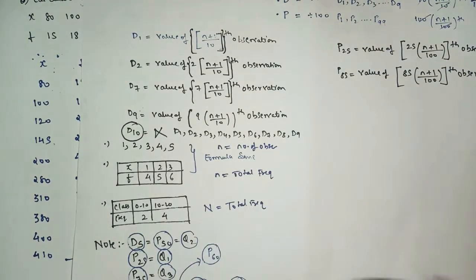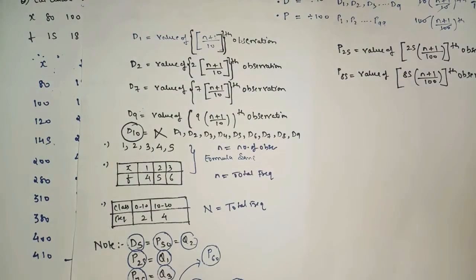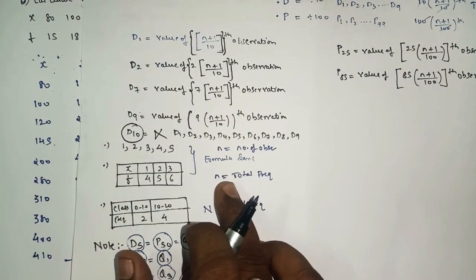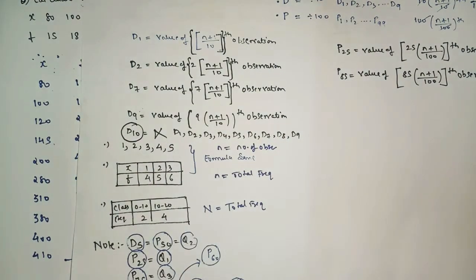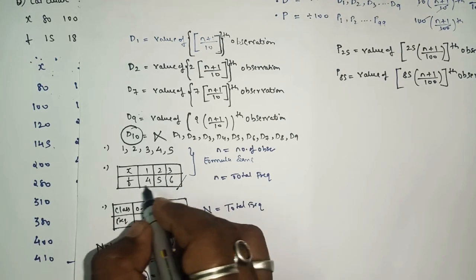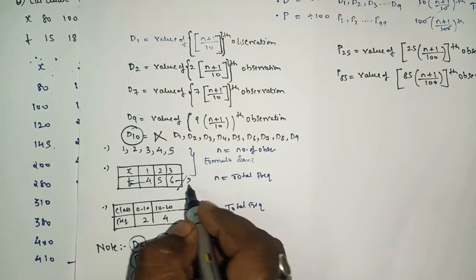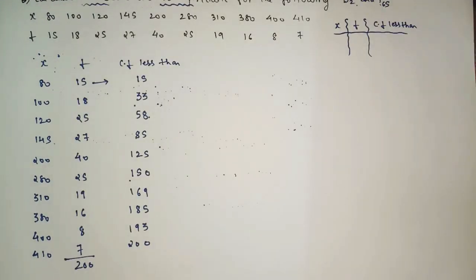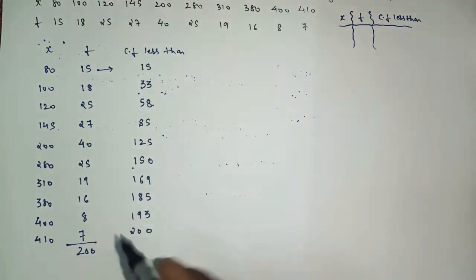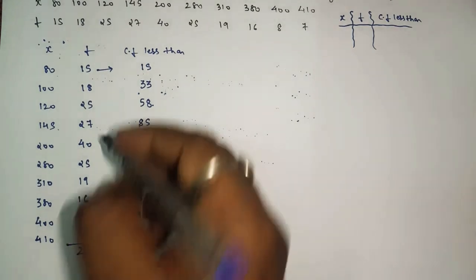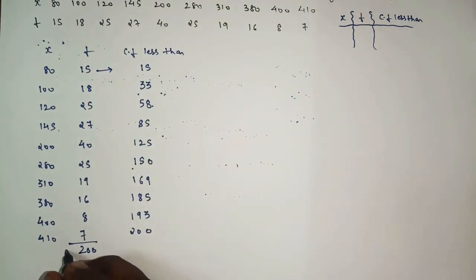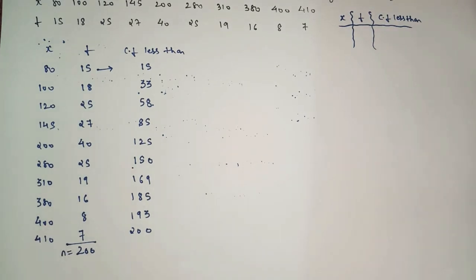Actually these are one and the same: number of observations, total frequency. So for type number 2 we'll use the same formula, with small n as the total frequency. Of course here we got 200. So when you add up and check the value of total frequency, the last value in the cumulative frequency column will be 200 only. This total frequency is known as N.